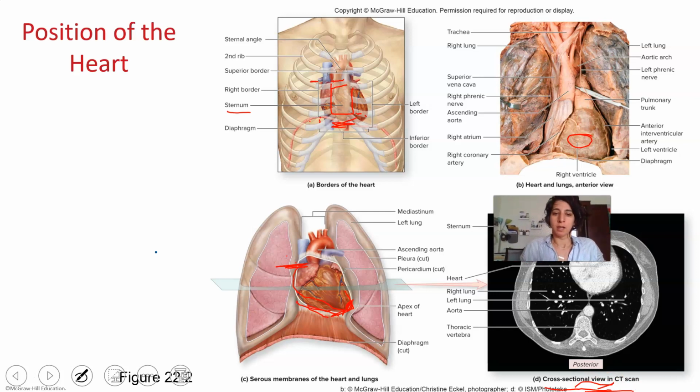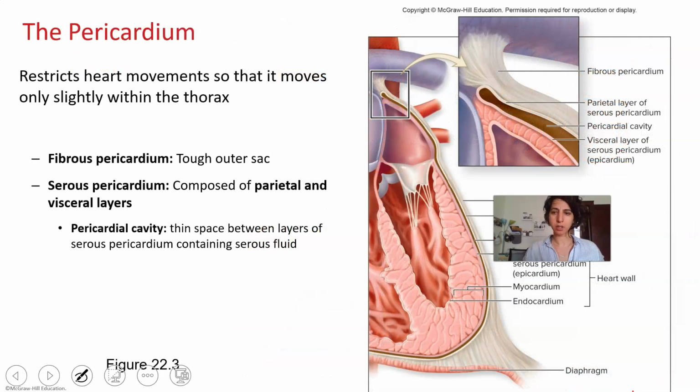Okay. Now, it sits in the mediastinum, and if you think about what we learned previously in chapter 1, when we learned about body cavities and membranes that surround our organs, we learned about serous membranes, right? So nothing changed here in that the heart, as you remember, is enclosed in a serous membrane.